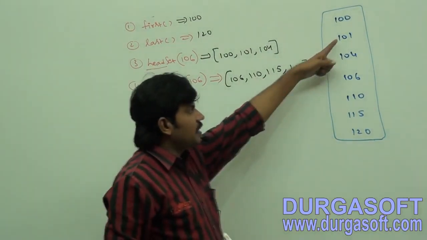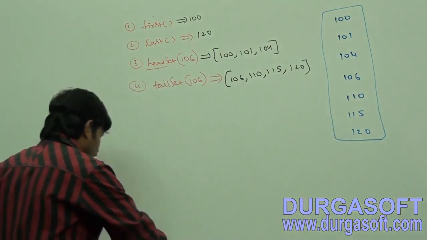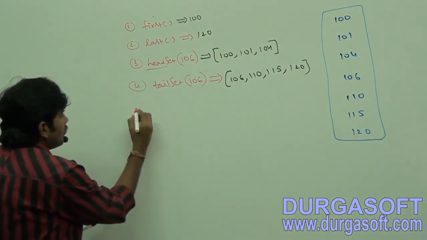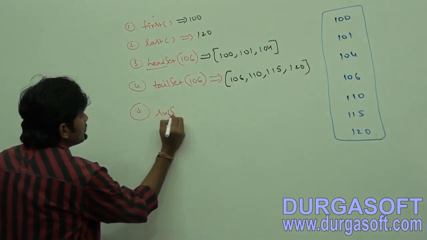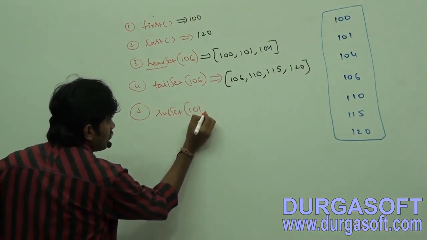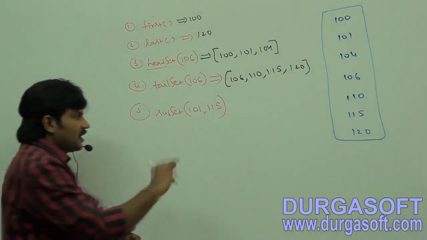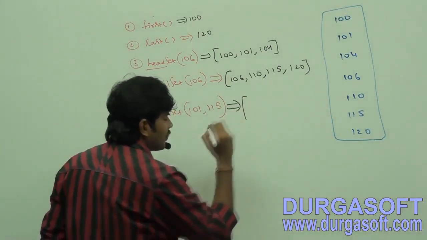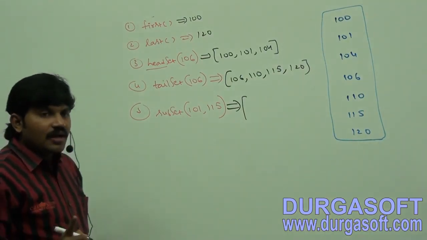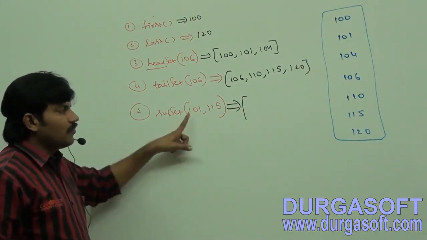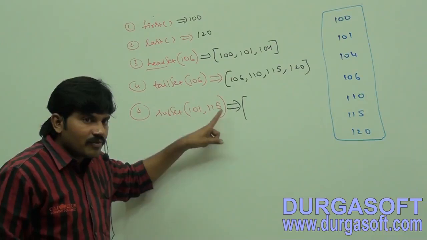Then subSet is next; see this point. subSet of 101, 115. Can you tell what the answer is? The elements greater than or equal to 101 and less than 115.